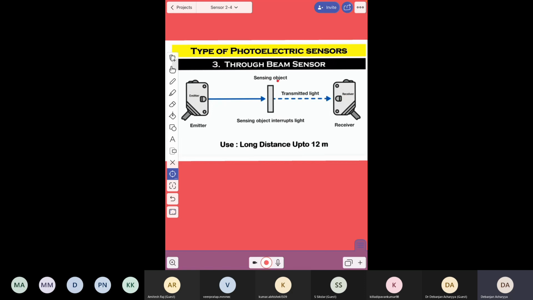But if there is a non-transparent sensing object, you will not receive any light at the receiver. If it is transparent, you will receive a lesser amount of light at the receiver. Fine, right? This is the longest type of photoelectric sensor, which can detect an object within 12 meters. Okay.